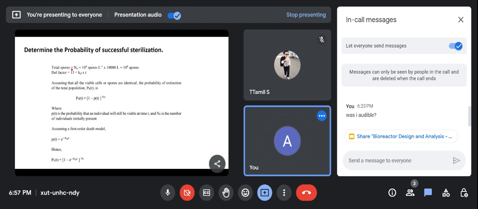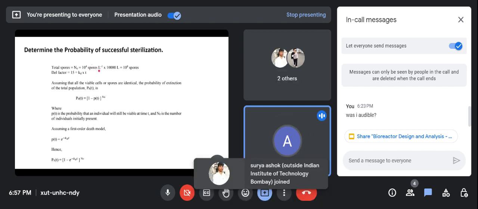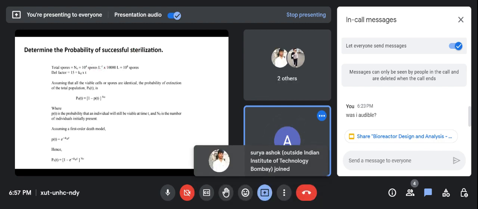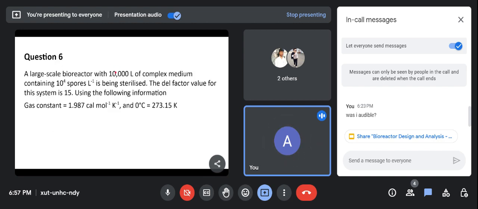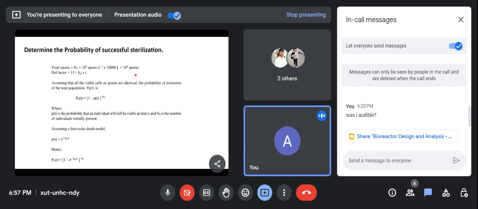You know that the total number of spores, which is N naught, is equal to 10 to the power 4 spores per liter. Since you have 10,000 liters of media, you multiply this 10 to the power 4 by 10,000 and you get a value of 10 to the power 8 spores.